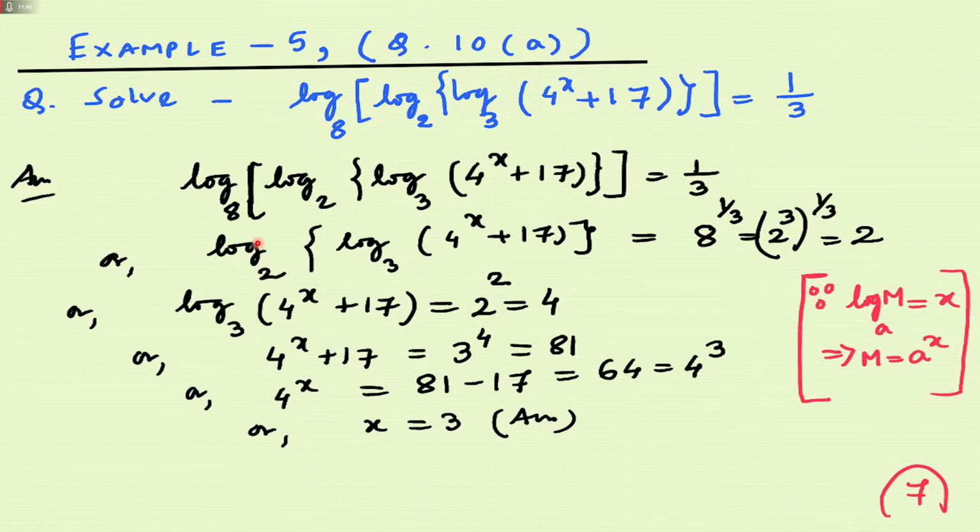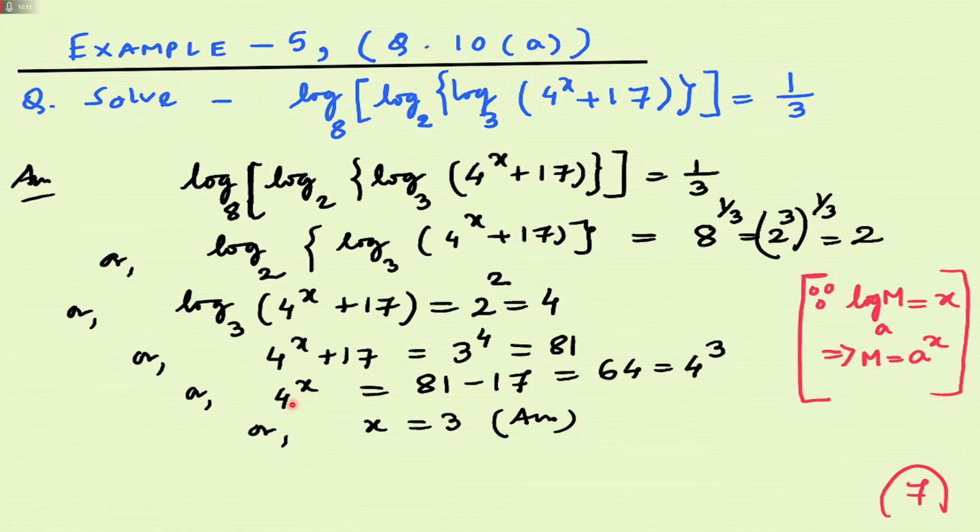Now here I am also using this definition again, and I am getting here log base 3 of 4 to the power x plus 17 is nothing but 2 to the power 2, that means 4. And now again using that same definition of log, you will have 4 to the power x plus 17 is equal to 3 to the power 4, and 3 to the power 4 means 81.